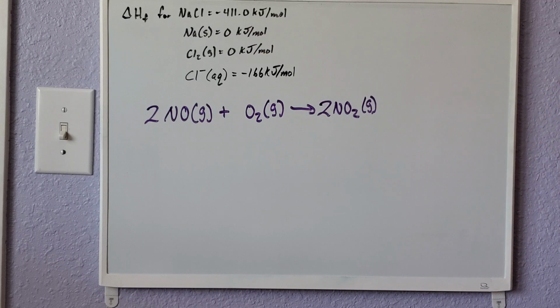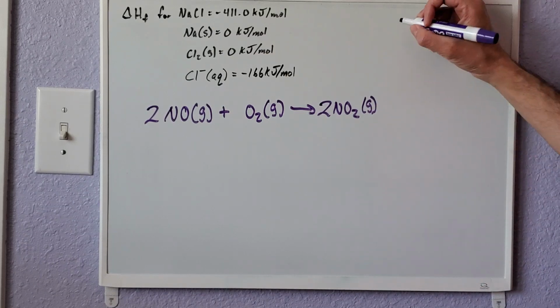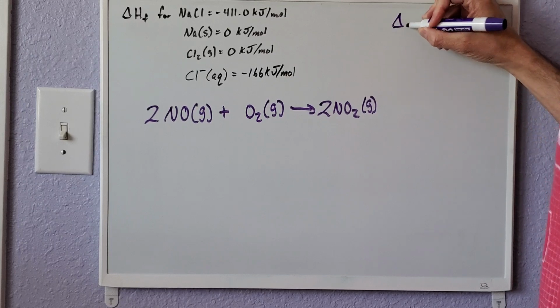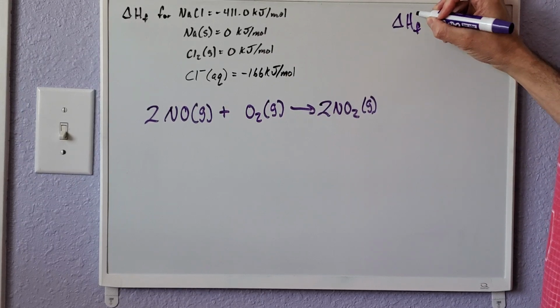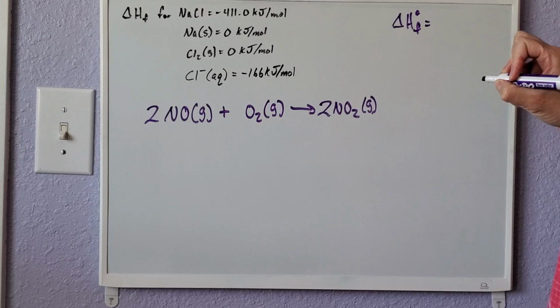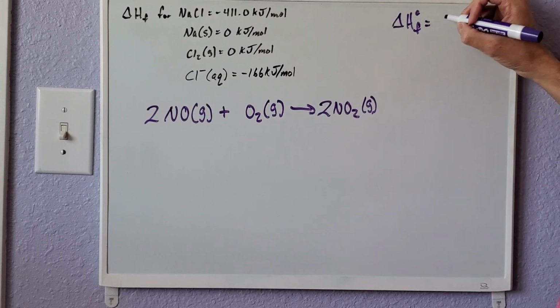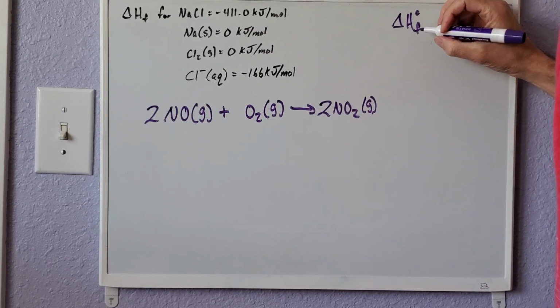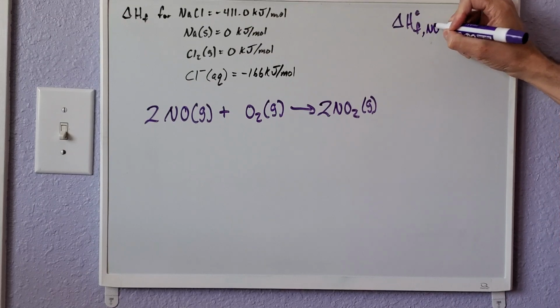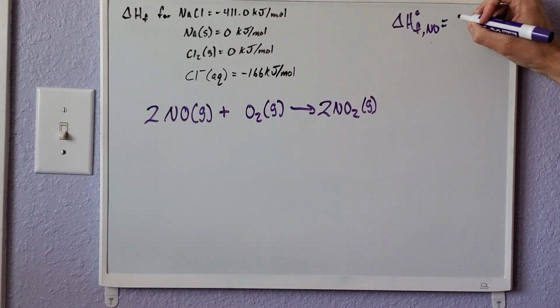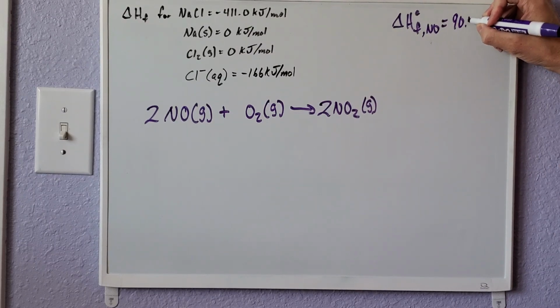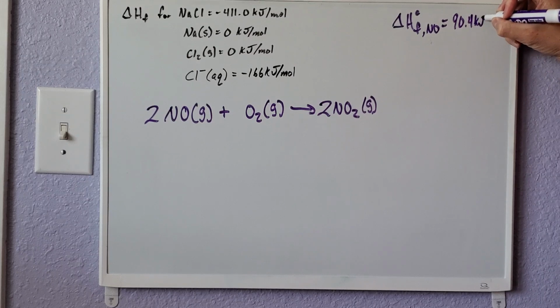And so delta H's of formation, well, they can be found in most general chemistry books. But I will tell you this, the delta H of formation in the standard states of your NO is going to be 90.4 kilojoules per mole.